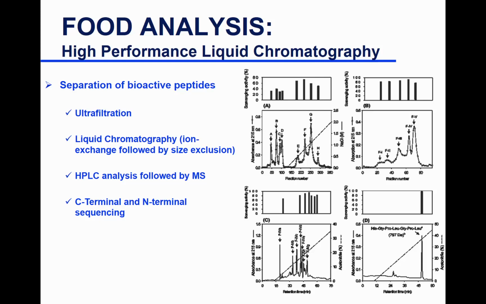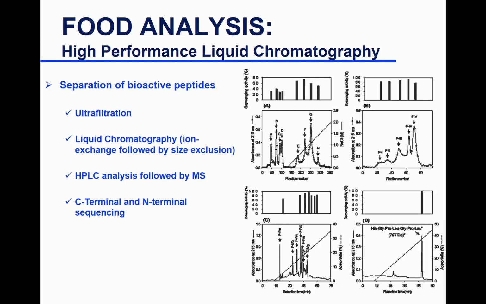So in this example, you start with ultrafiltration. That means you separate based on size. Say less than 3 kilodalton, I'm going to gather all the peptides that are less than 3 kilodalton and take them into size exclusion. So I separate them based on their size, and I look at the fraction that has the highest activity and take that fraction that might still contain multiple peptides of the same size, and I do ion exchange chromatography.